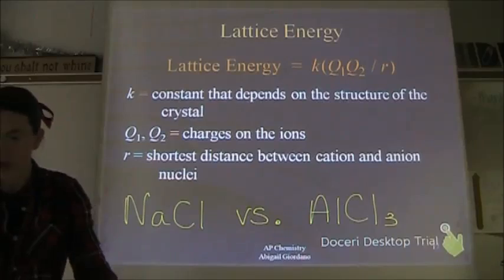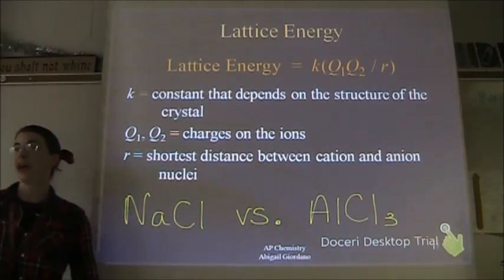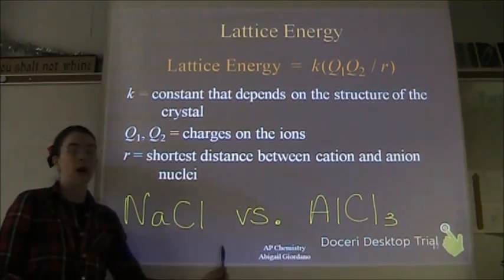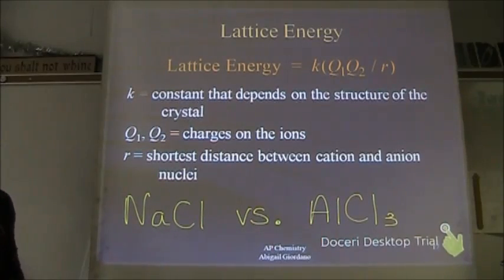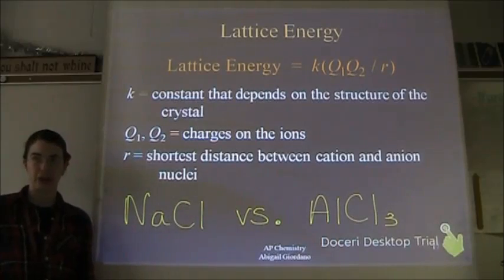Let's say you are asked to compare those two ionic compounds. And your job is to identify which one is going to have the more negative, the more exothermic lattice energy.